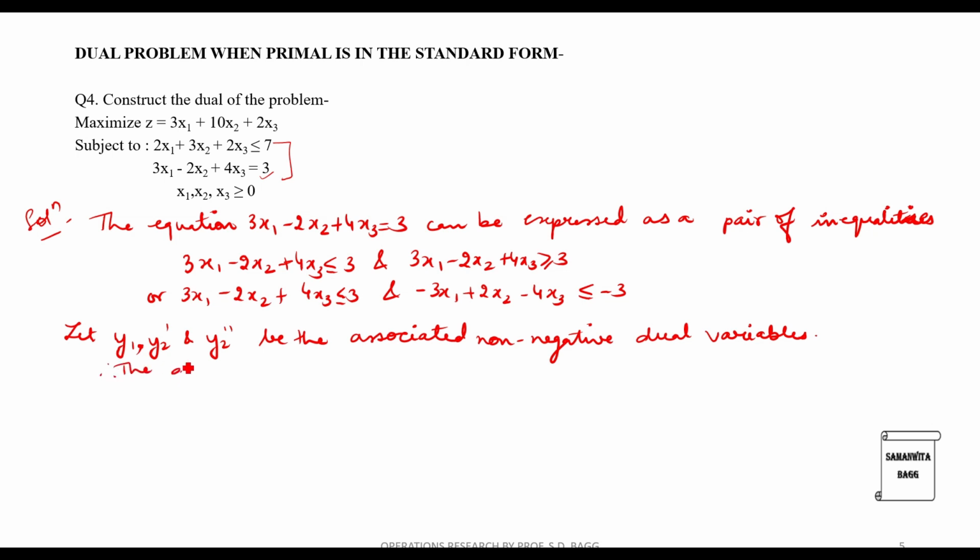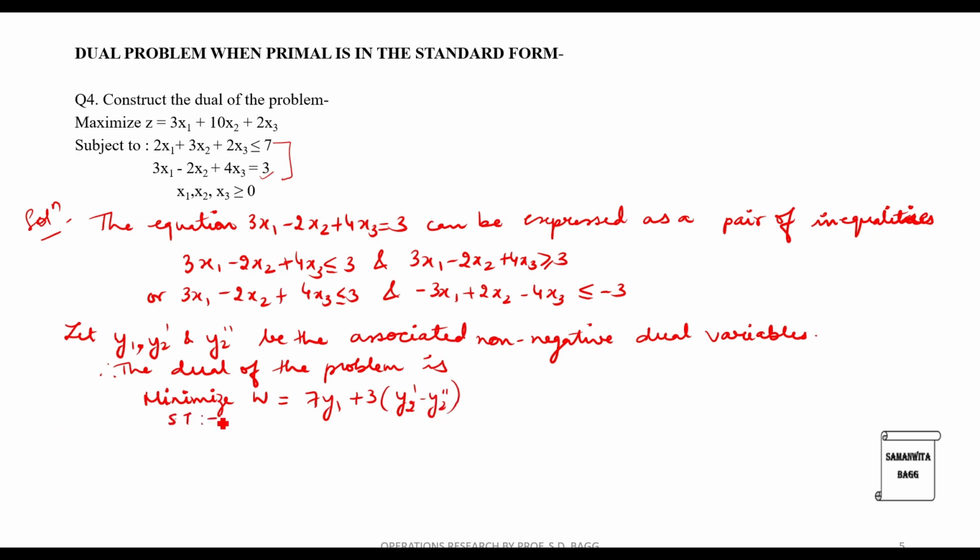Therefore, the dual of the problem is, since it is maximize, I'll write minimize. W is equal to, we will start from here, these two. So it will be 7y1 plus 3 times the second variable, which is not y2, it is y2 dash minus y2 double dash.